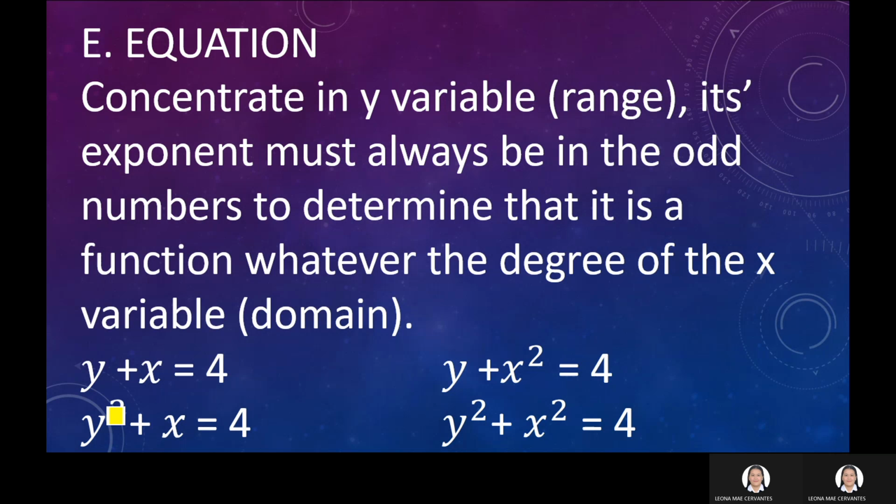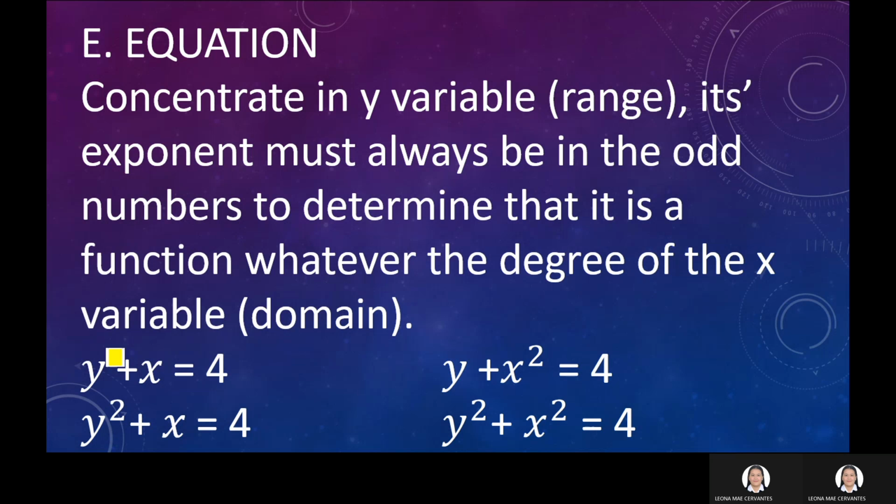So when the exponent of the y variable or range is odd, it is considered as function. And when the exponent of the y variable or the range is an even number, then it is considered as relation. Okay?